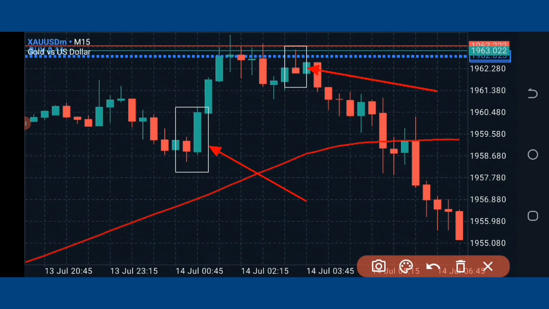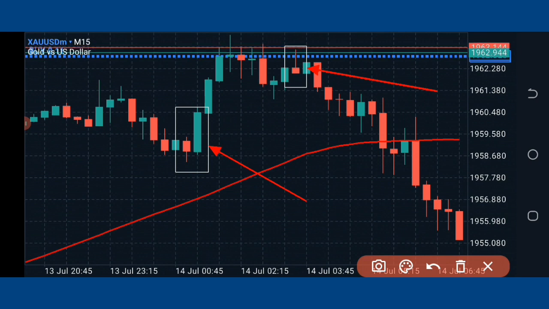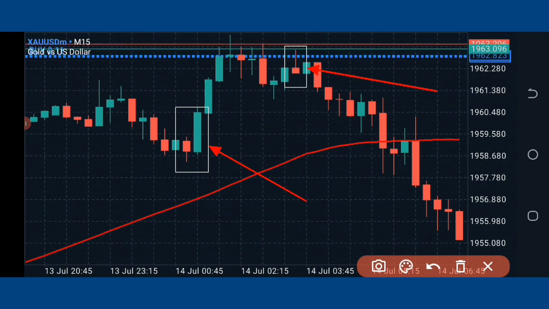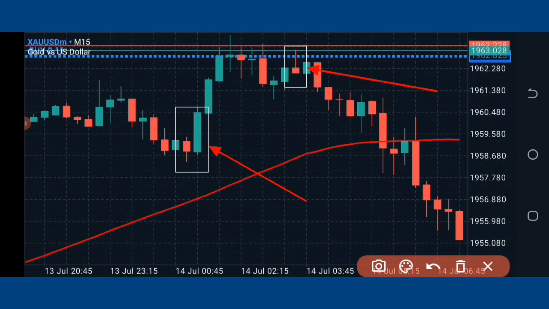Just like a hammer candlestick, in the shooting star as well you may have a little wick at the bottom, or you may not, just like the way I described the hammer candlestick. And this shooting star has a long upper wick, or shadow, which should also be twice the body of the candle.